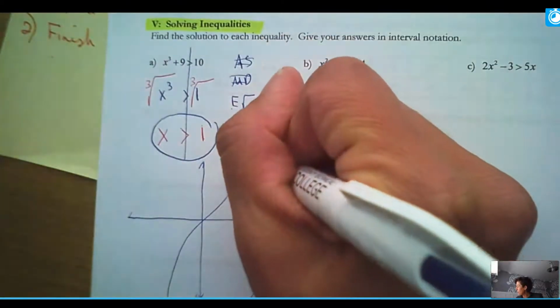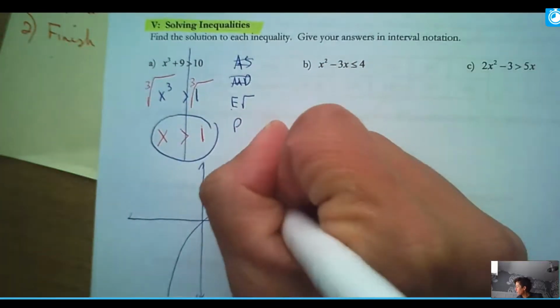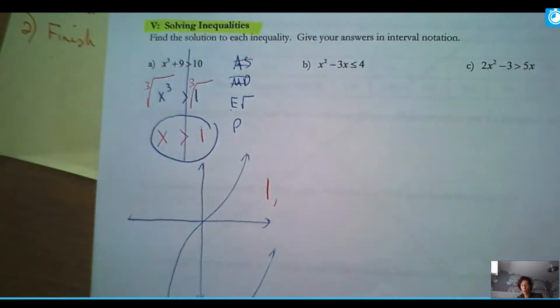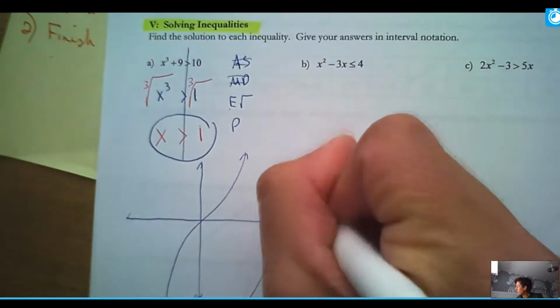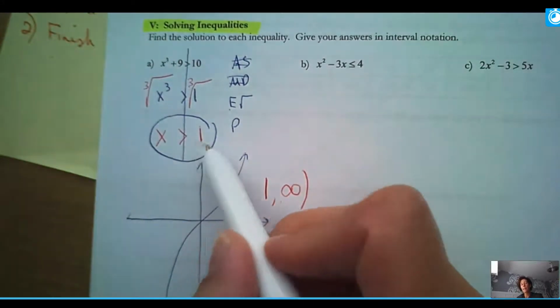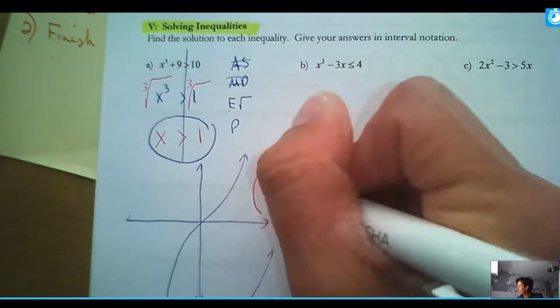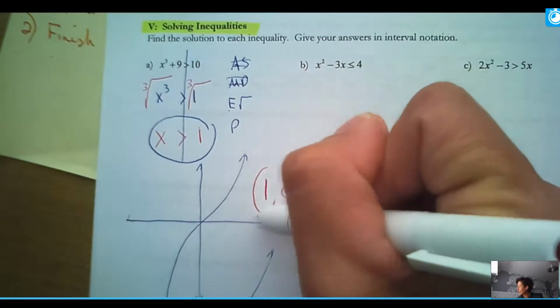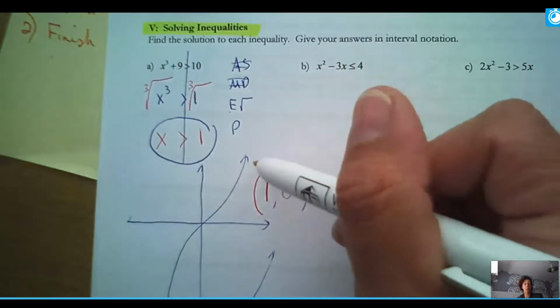So the smallest it could be is 1, and then it's got to be bigger than 1. So I'll want to put an infinity sign over here. Infinity always has parentheses, and this says I don't want to include 1. It's got to be bigger than 1. So to say that here as well, I use a parentheses. I'd use a bracket if this had been underlined, because I want it to mean it could include 1.